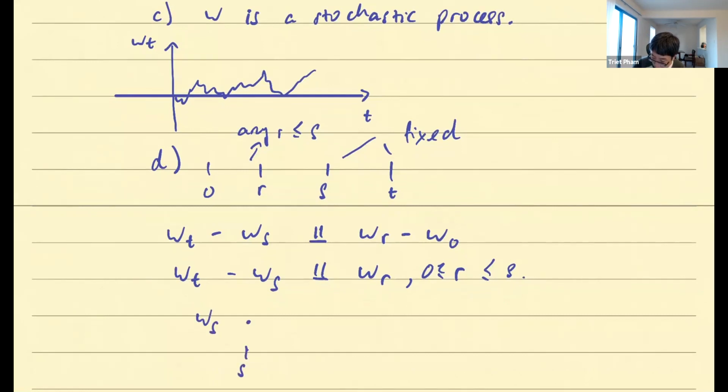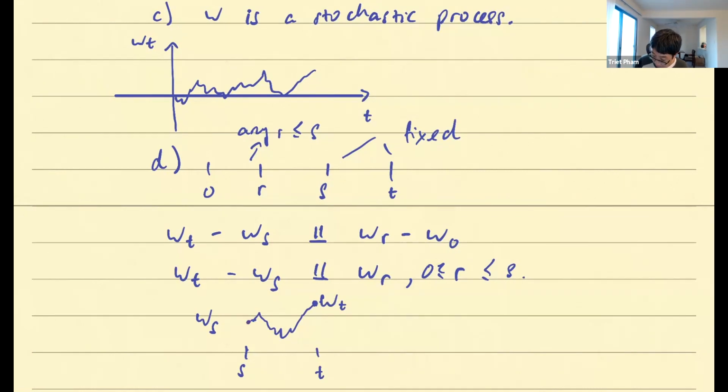The future movement doesn't care whether that point is high or low. By the future movement, we mean the net quantity that moves from time S to time T. That net quantity doesn't depend on how high or how low W_s is.